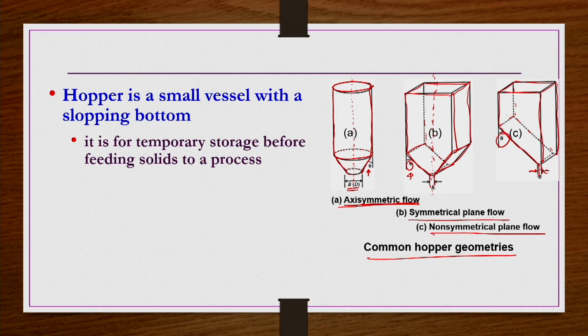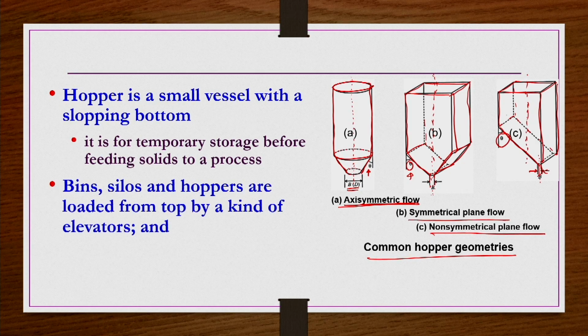Now, here the center axis of the opening is different from the center axis of the container. That is the reason these containers are known as non-symmetric plane flow containers or non-symmetric hoppers. These are the common hopper geometries that are possible.